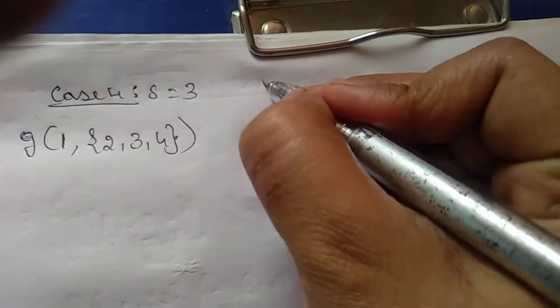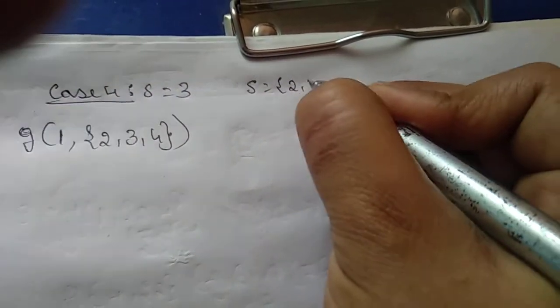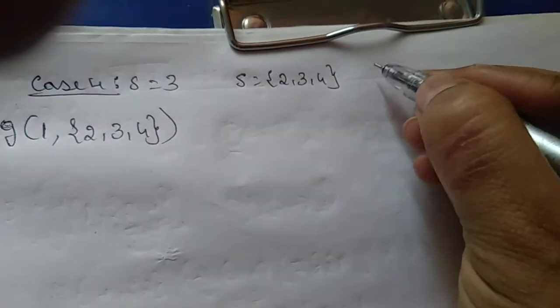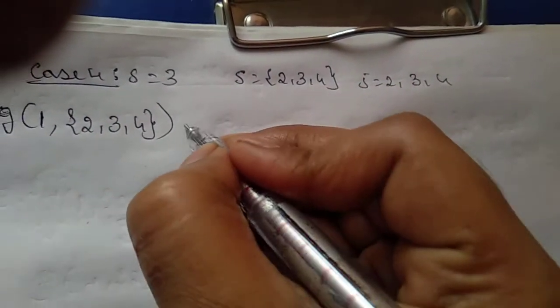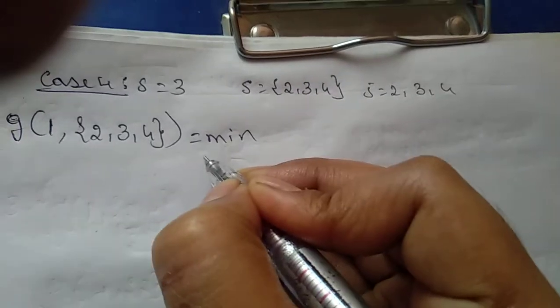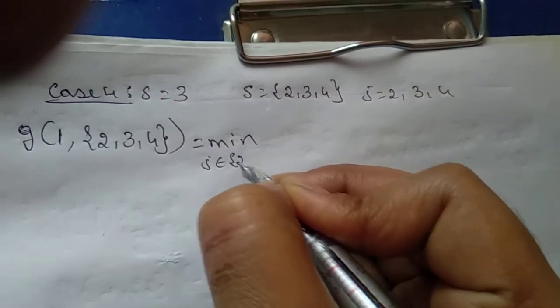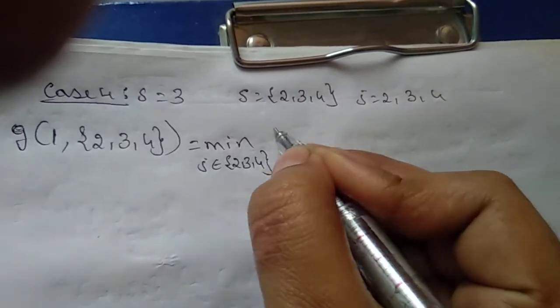Is it not? So S is equal to 2, 3, 4. J value varies from 2, 3 and 4. Now the same formula you have to apply. That is min j belongs to 2, 3, 4.